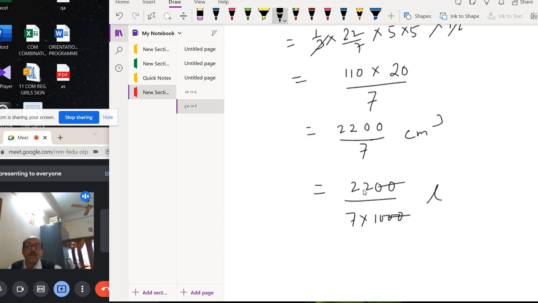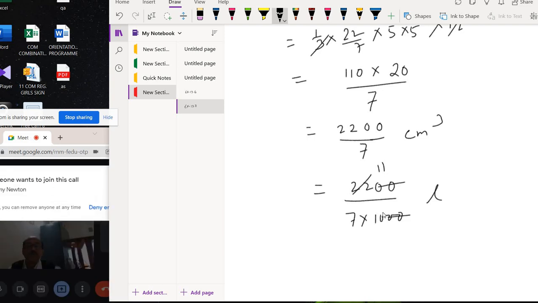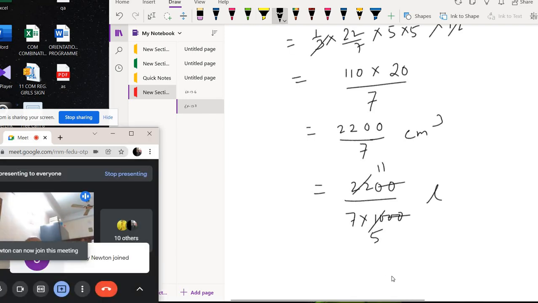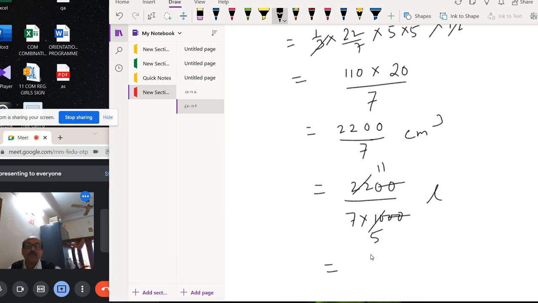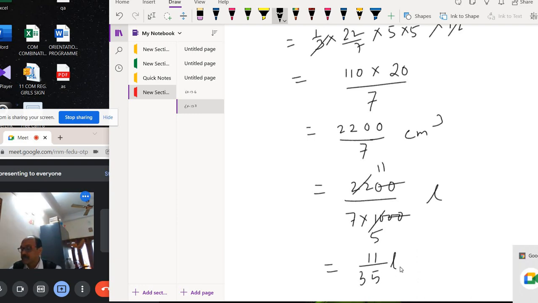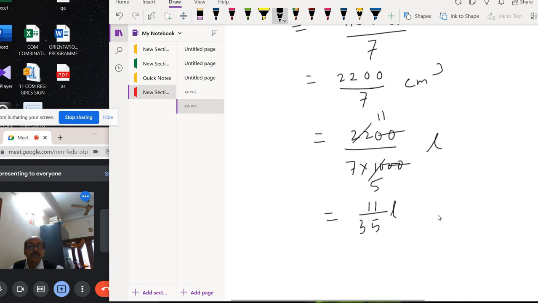Now it will go by 2: 11 to the 22, and 5 to the 10. So equal to 11 by 5 into 7, 11 by 35 liter. This is the capacity. This is the answer.